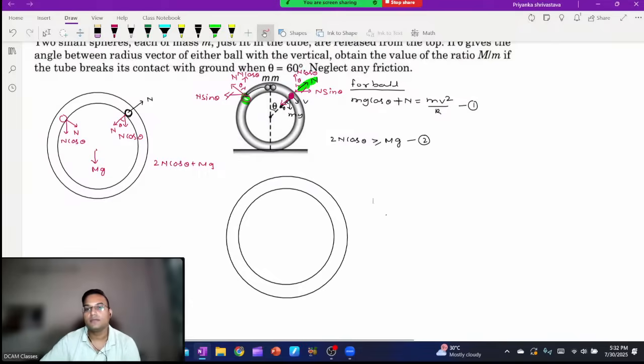So it will pull it up. Otherwise, there is no case it can pull it up. That's how you should think.